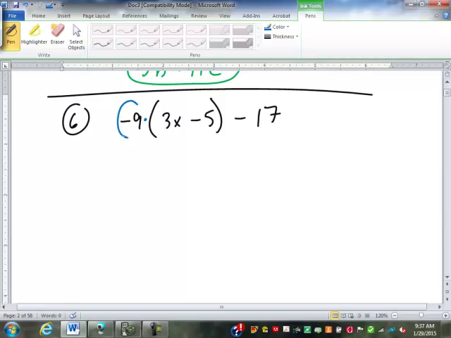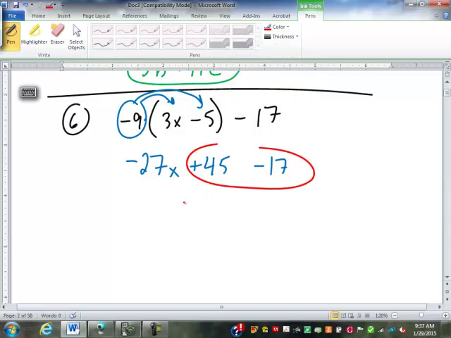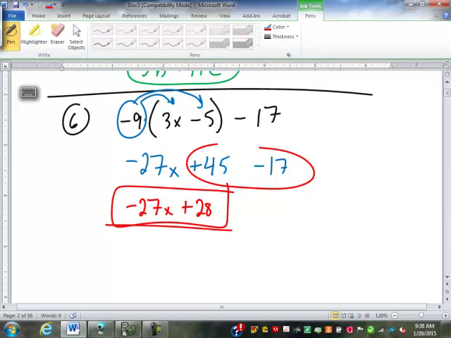Yes, times the negative 9. Negative 9 times 3x is a negative 27x. Negative 9 times negative 5 is a positive 45. And we have the negative 17, or minus 17. So you can combine the 45 and the negative 17, make a positive 28. It's negative 27x plus 28.